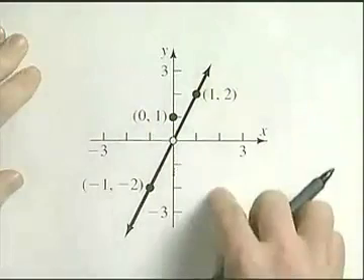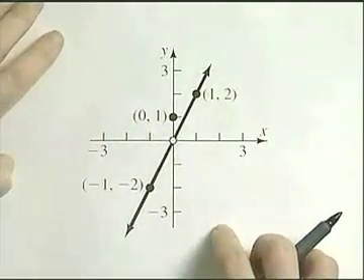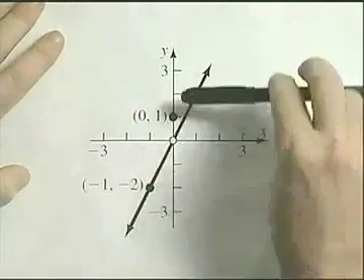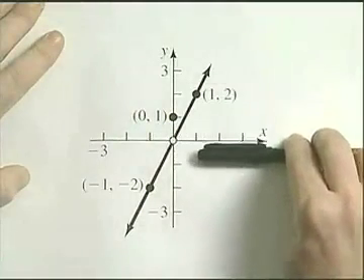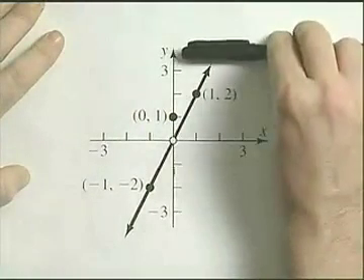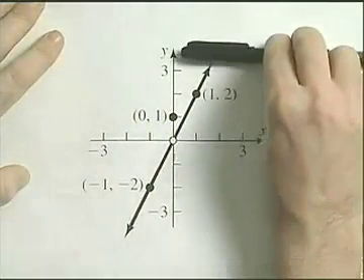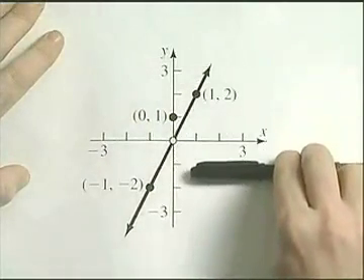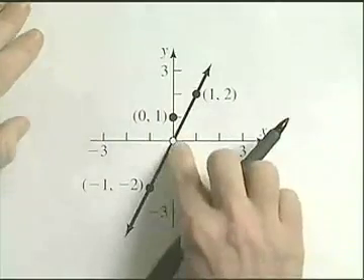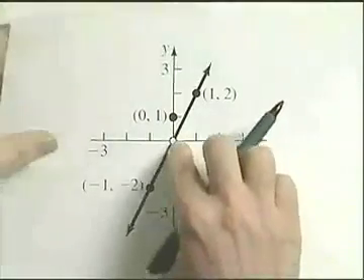Finally, from this graph, we want to identify the range of the function. Remember, you can identify the range of a function from its graph by looking to see where the graph exists for its y values. We can see that this graph exists for every y value with the exception of y equals 0.